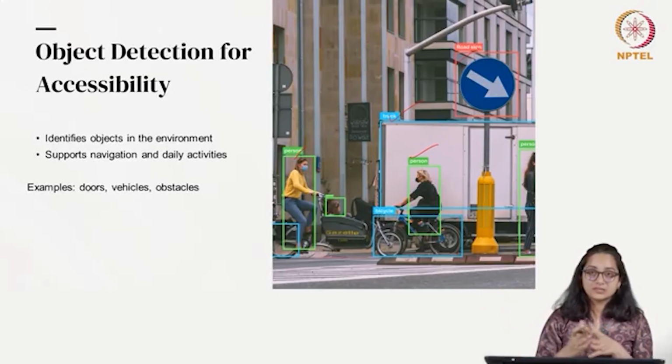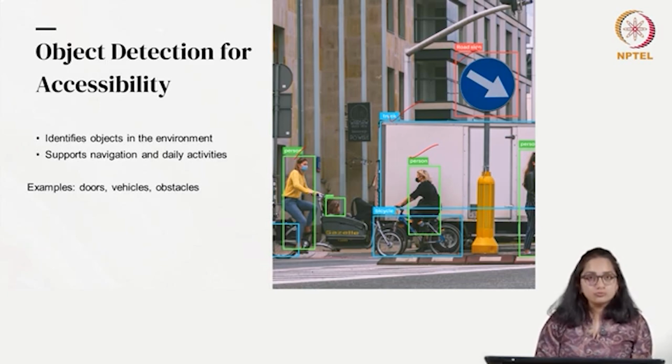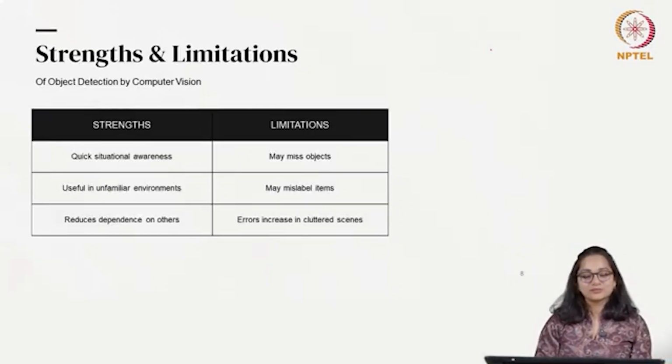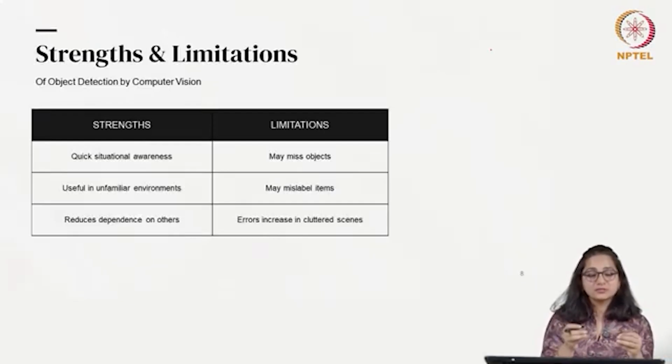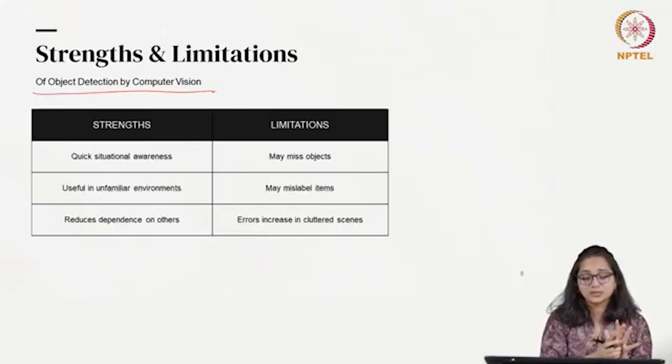So all of this is happening through a computer vision model, and a person who is able to access this information through, say, smart glasses or something, will be able to navigate their way through the environment with much more ease and safety. Of course, that is one of the major aspects. So what are the strengths and limitations, particularly in the case of obstacle detection or object detection?